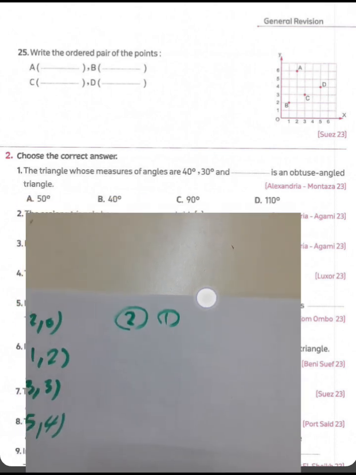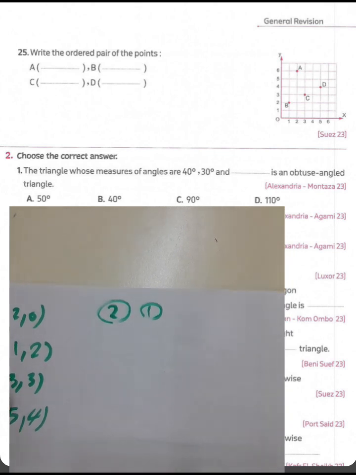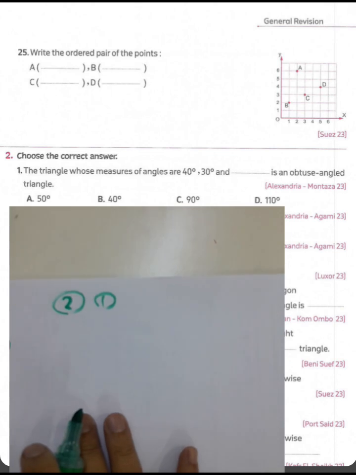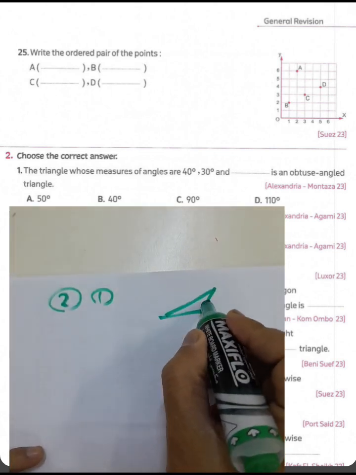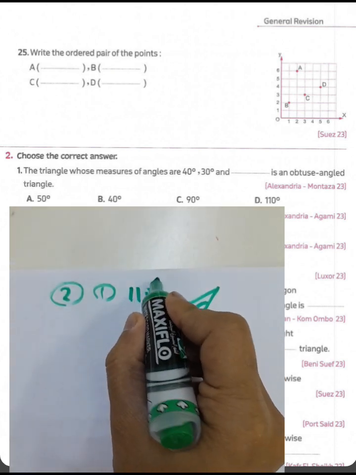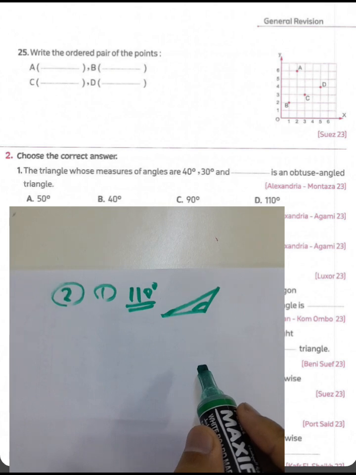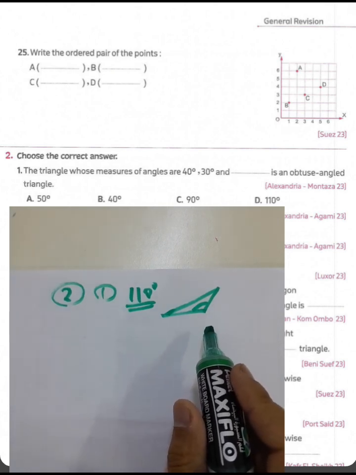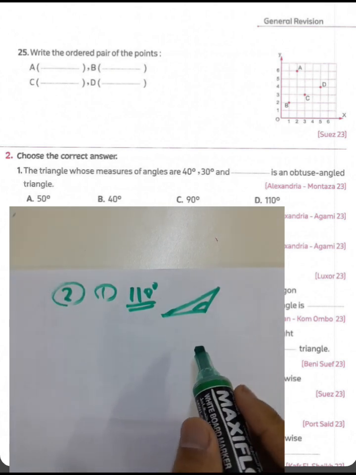It means the measure of a vertex of this triangle is greater than 90 degrees and less than 180. We call it obtuse. Then we must choose 110 degrees because it tells us this triangle is an obtuse angle triangle.